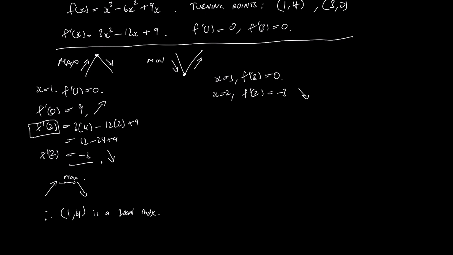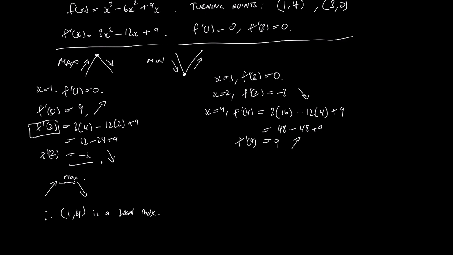Now logically we just have to try a number which is greater than 3. Simplest one to solve would be 4. So we try x equals 4 and we substitute that in. F dash 4 equals 3 times 16 minus 12 times 4 plus 9. 48 minus 48 plus 9 equals 9, which is positive.